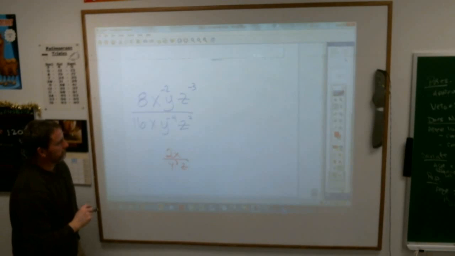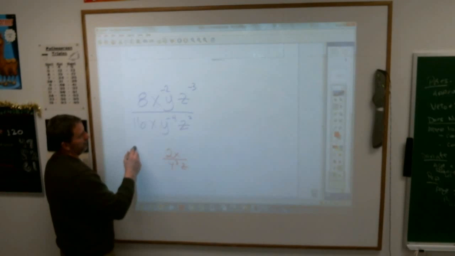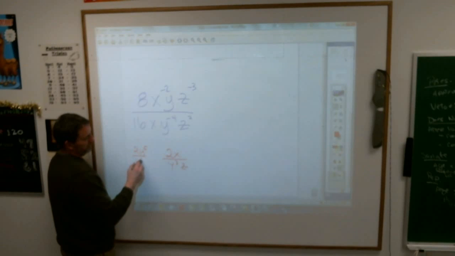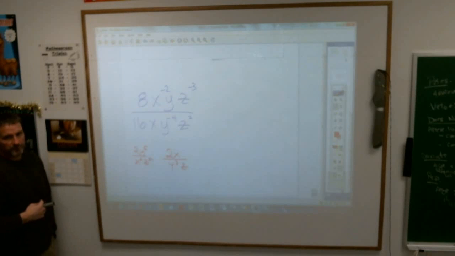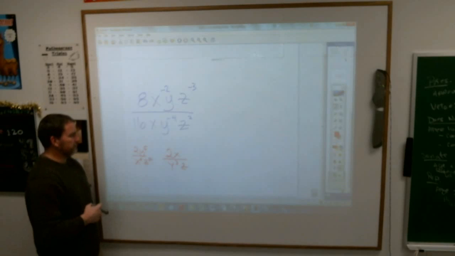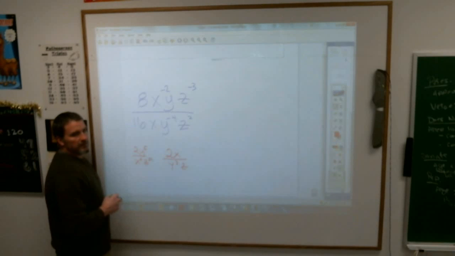Peter: I got 2y to the 5th power over x cubed z to the 5th. Anybody jumping on the 2y to the 5th over x cubed z to the 5th bandwagon? Uh-oh. Michael? That's what I had.